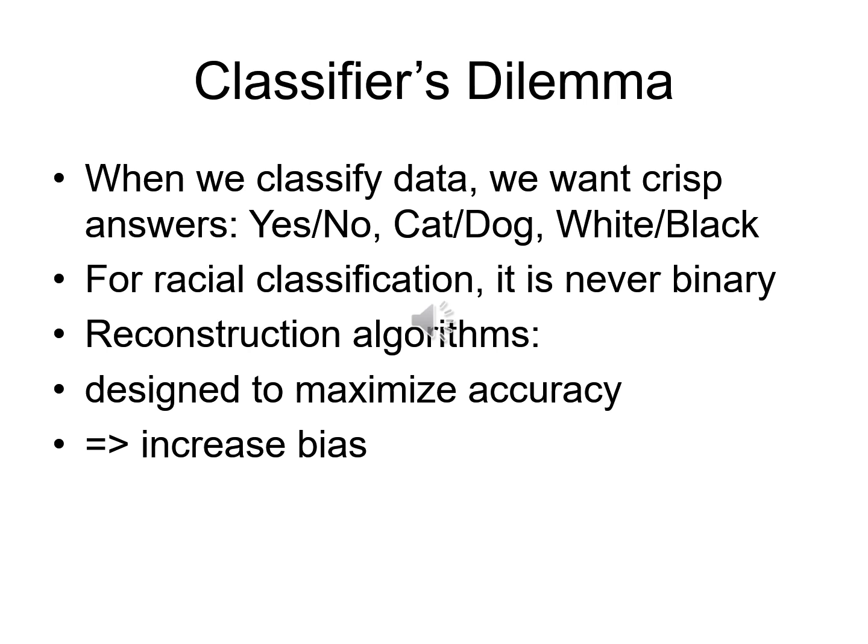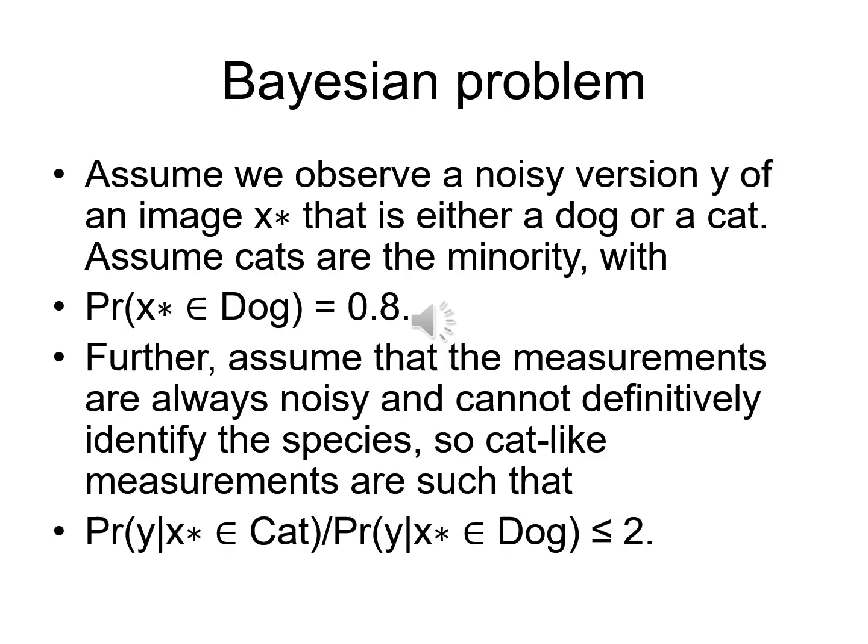Let's look at that from a Bayesian point of view. Let us assume that we have observed a noisy version Y of an image X star that is either a dog or a cat. Assume cats are the minority, and let's assume specifically the probability of X star being a dog is 0.8.